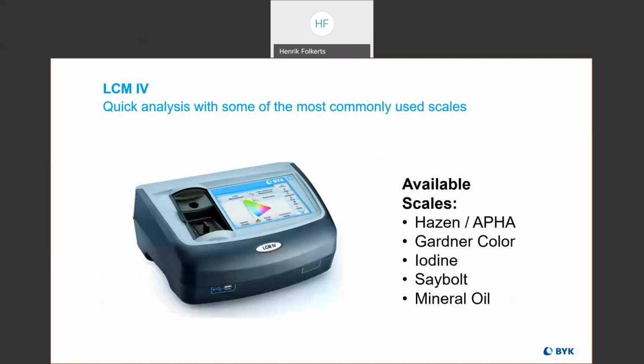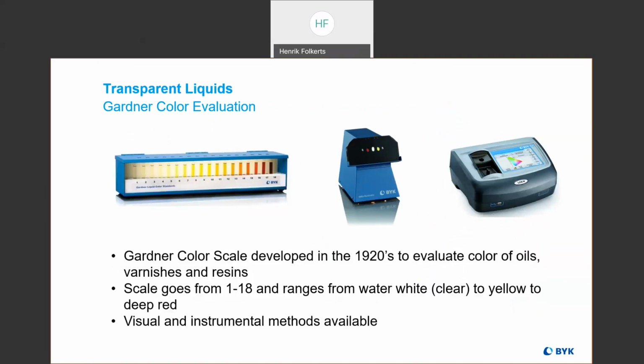You can also use the liquid standards pictured here to the left. So it's a rack of actual liquid Gardner color standards going from 1 to 18. And the idea here is pretty similar. You would take a test tube full of your liquid.